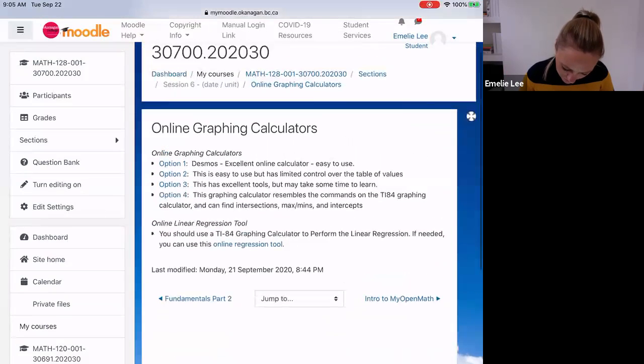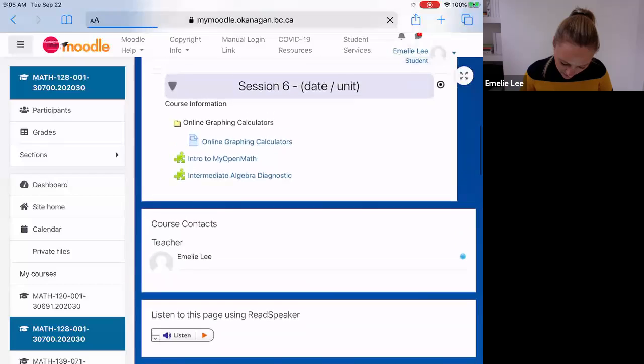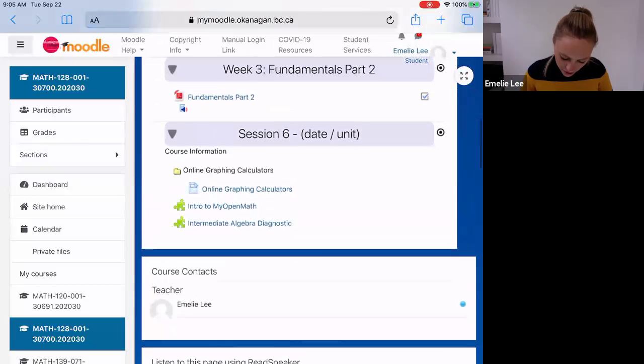And you should have this intro to MyOpenMath quiz on here. It's not all counted as an assignment, but it's really just a way for you to get familiar with how to enter answers and things like that.